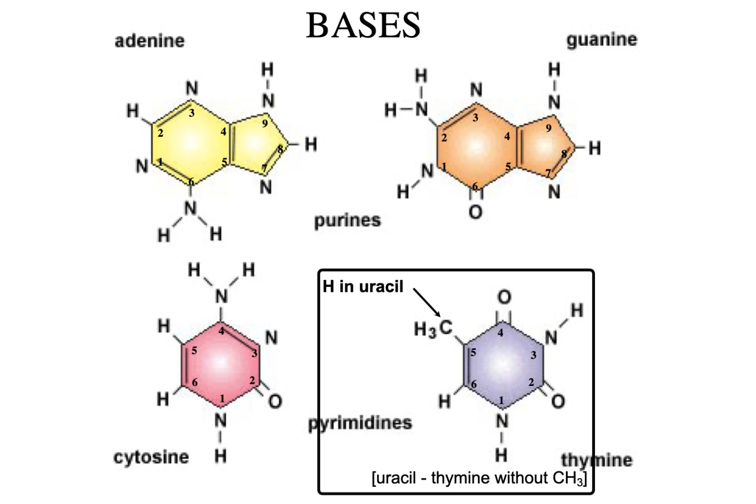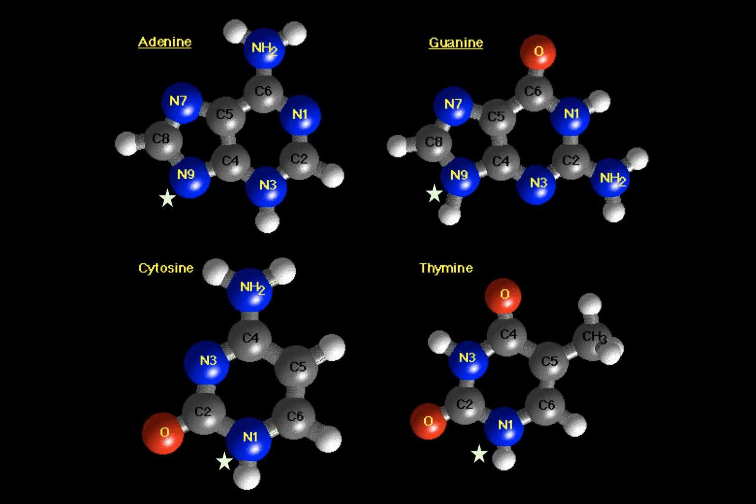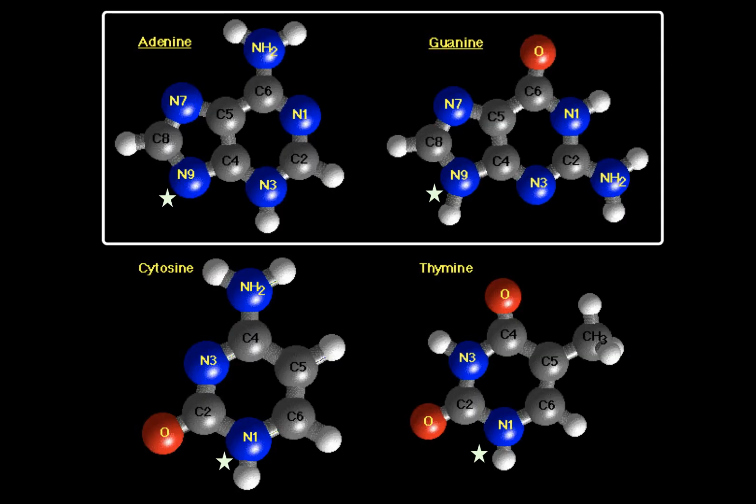Here's a different view of those. Here's adenine and guanine, and I put a star here on the 9 nitrogens in this place, the 9 position, which is where these two molecules are attached to the ribose or deoxyribose on the number 1 carbon.